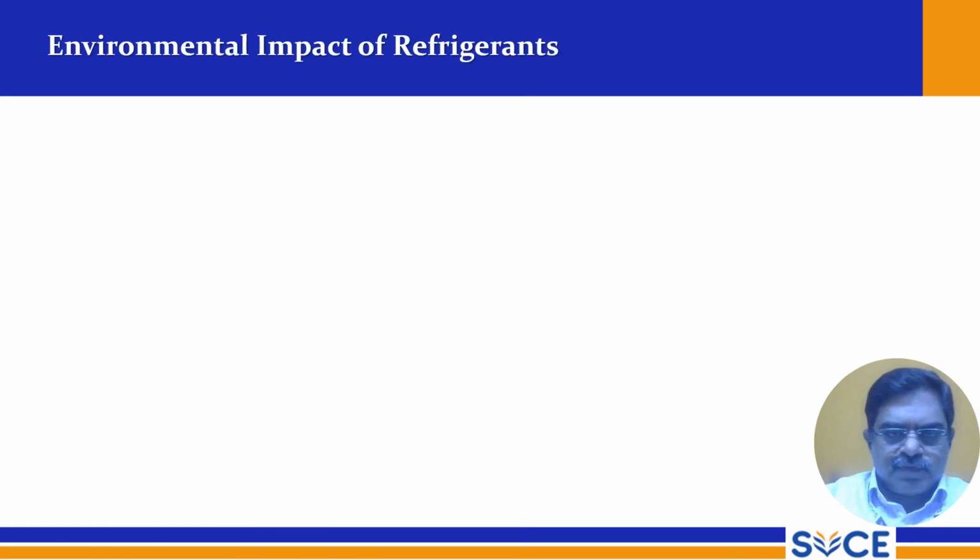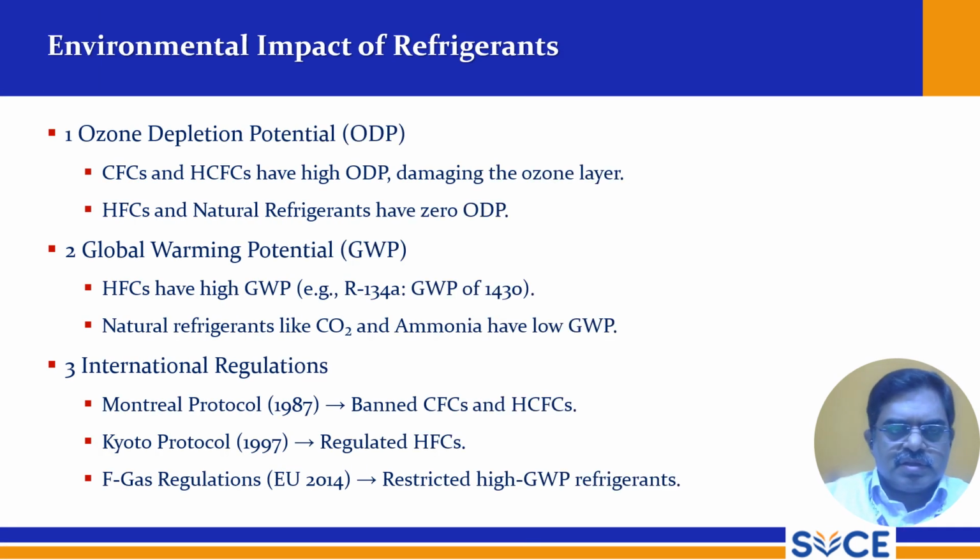Environmental impact of refrigerants. Here, the ozone depletion potential, that is ODP, CFCs and HCFCs have high ODP, damaging the ozone layer. So ozone depletion potential should be as low, or it should be zero. HFCs and natural refrigerants have zero ODP. So zero ODP is always advisable to use.